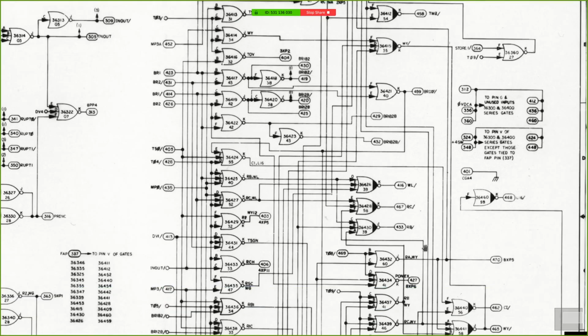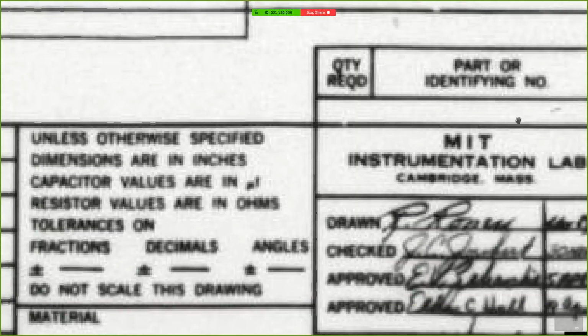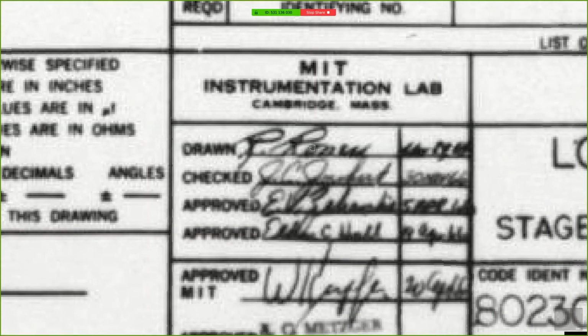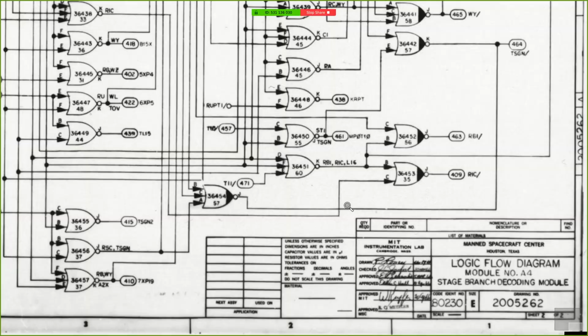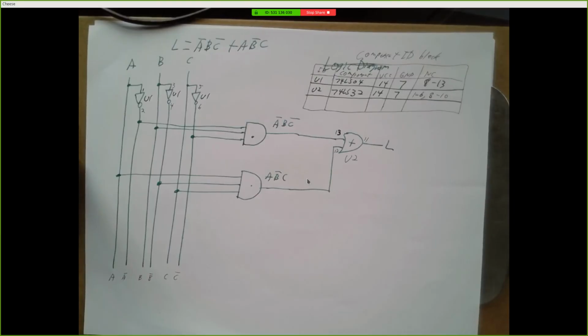So it's drawn by this person, it's checked by this person, and then it's approved by 2 people, right? Which means they can send this wiring diagram off to somebody, to a lab somewhere, to actually assemble it. So there's this whole sequence of steps, right?